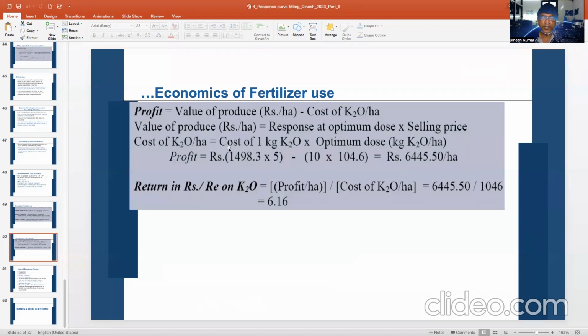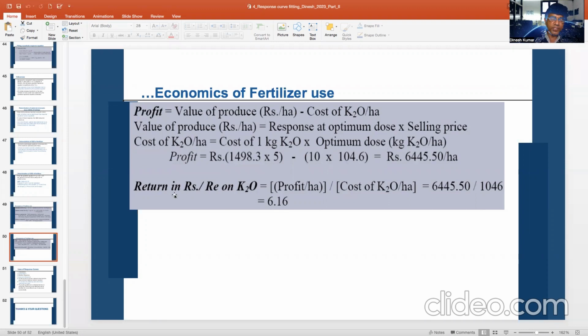Cost of K2O per hectare is cost of 1 kg K2O and optimum dose, total quantity of K2O applied. So this is 104.6, the price of 1 kg K2O is 10. So this is your input, this is your additional output. You get rupees 6,445.5 per hectare returns due to K2O application, 104.6 kg K2O.